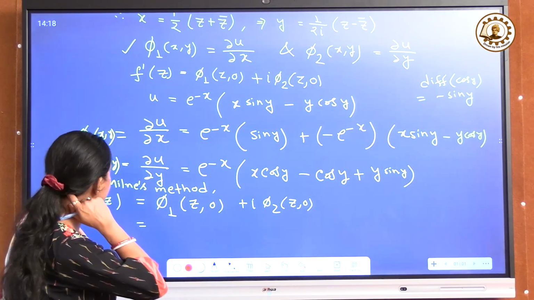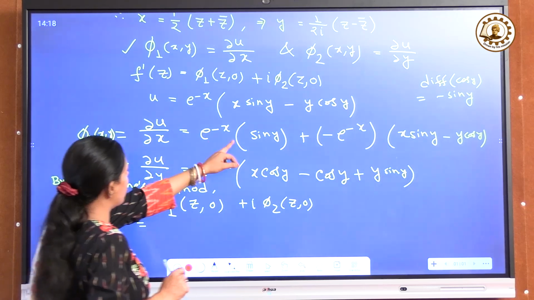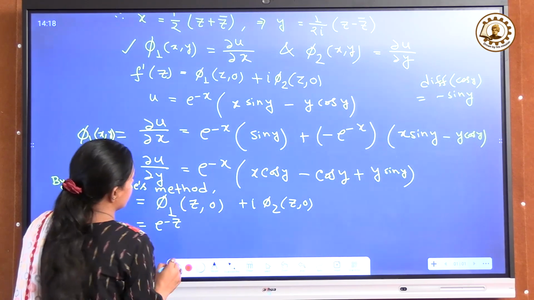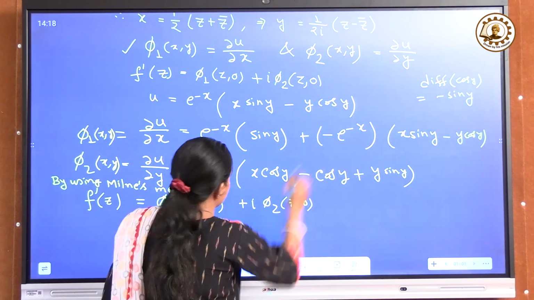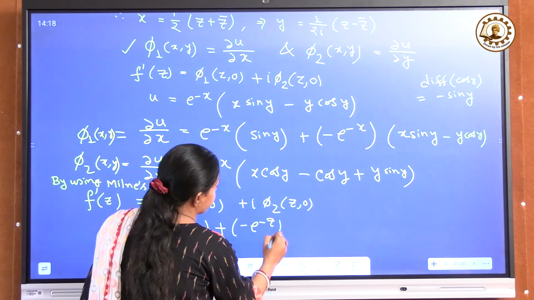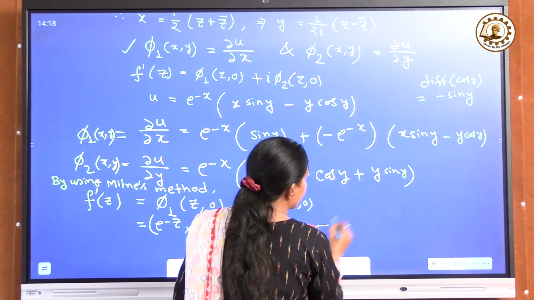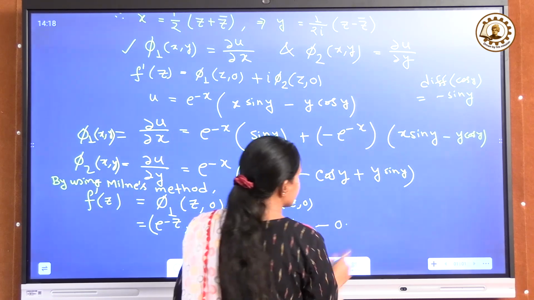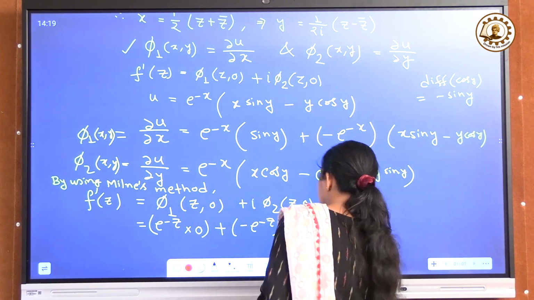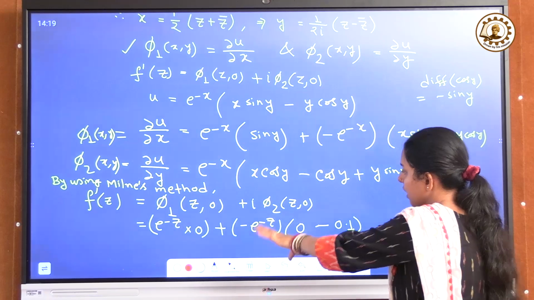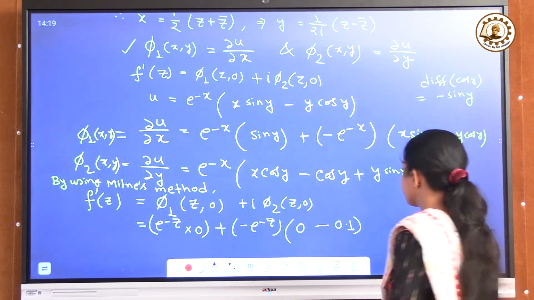For phi 1 of z, 0, we put x as z and y as 0: e to the power minus z times (z sin 0, that means 0, minus 0 times cos 0, that means 1). The total result is 0, because it is 0 times e to the power minus z.